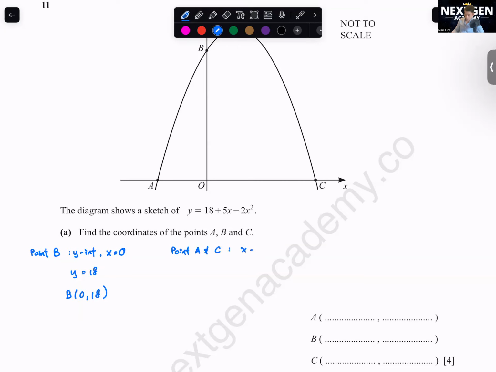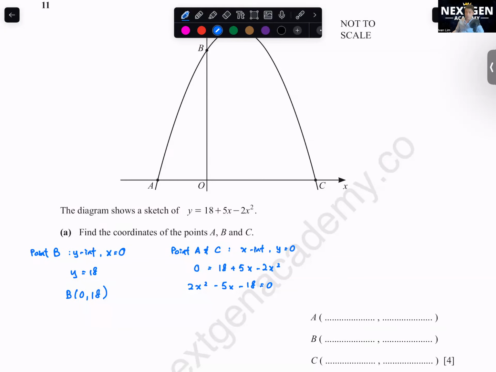Let's find points A and C. Points A and C are x-intercepts, therefore y equals 0. So 0 equals 18 plus 5x minus 2x squared. We switch it to the other side. If you want, use the calculator, but show your working.